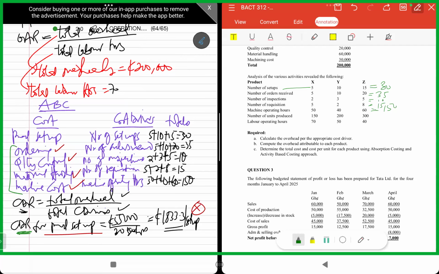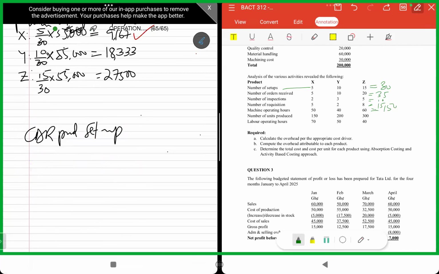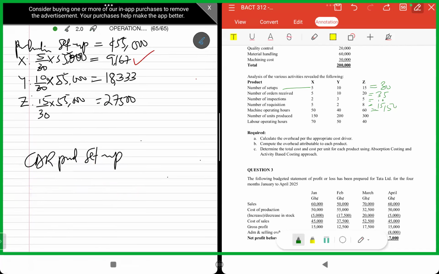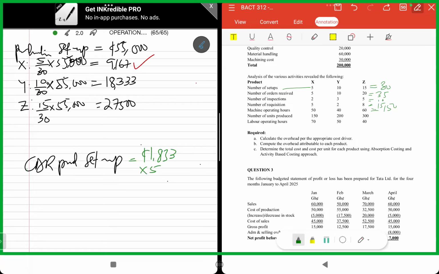Now we've just finished computing the production setup for each of the products. This is the overhead for each of the products. What is the CDR for production setup? 1,833, right? Multiply this 1,833 by 5. What do you have? 9165.